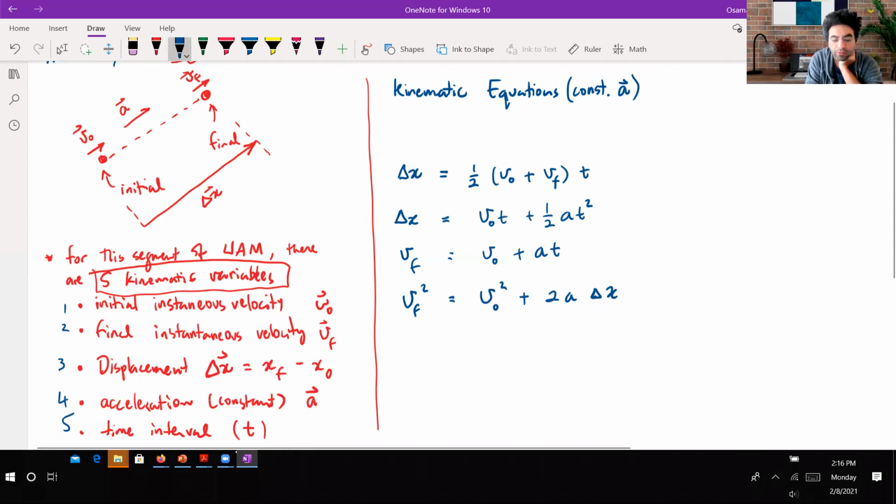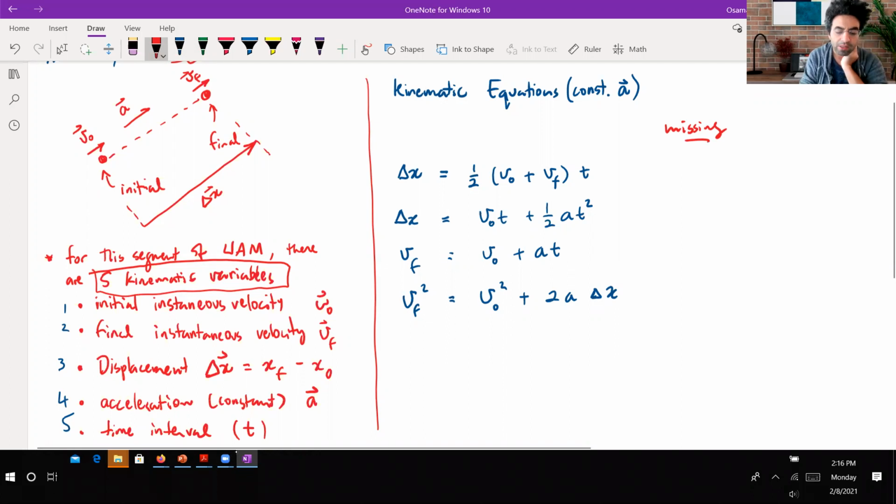The third one has final and initial velocities, acceleration, and time. And the last one has final and initial velocities, acceleration, and displacement. So each one of these equations has four of these variables in it, and it's missing one. And that sometimes is useful to note.